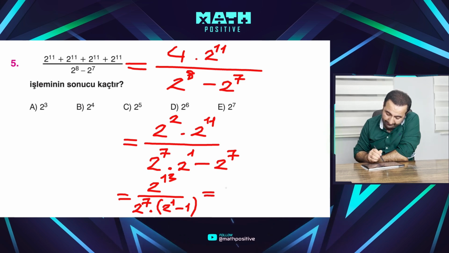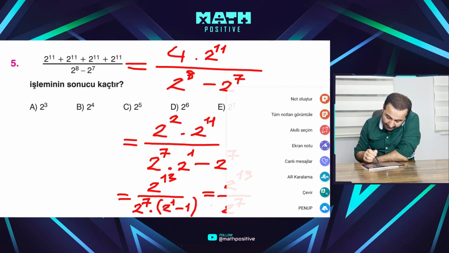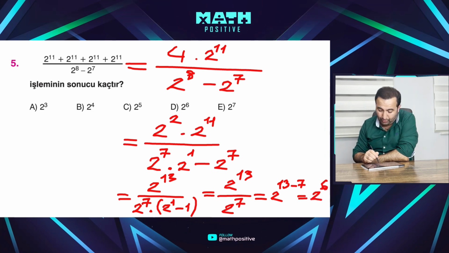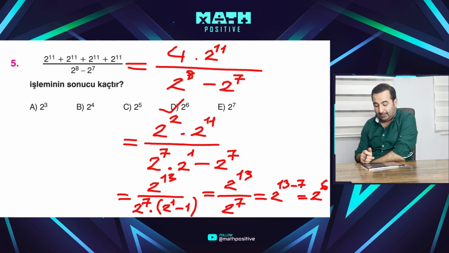We will have 2 to the power 13 over 2 to the power 7 times 2 to the power 1 minus 1. So this is 2 to the power 13 over 2 to the power 7, since 2 minus 1 equals 1.